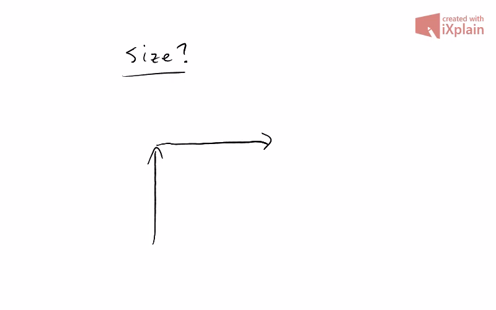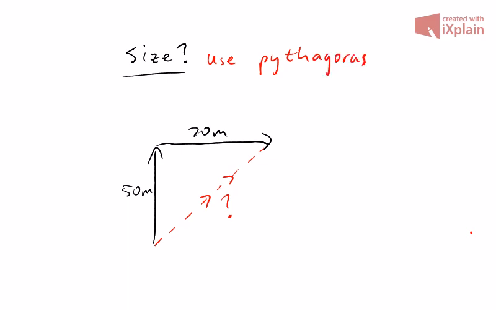If we take our shape again that we made with our journey, we know that two sides there are 50 and 70, and this is our displacement side. You'll see we make a nice wee right angle triangle. So that means we can use Pythagoras' theorem to figure out the length of that dotted red line. We can use a squared equals b squared plus c squared. Let's call the dotted line a, call 70 metres b, and the 50 metres c.